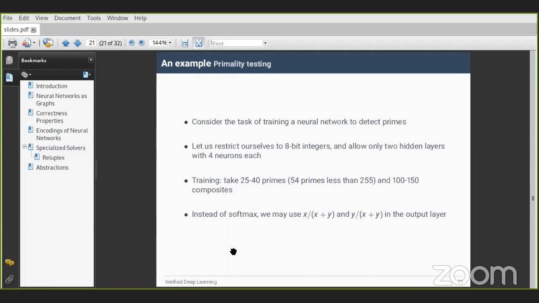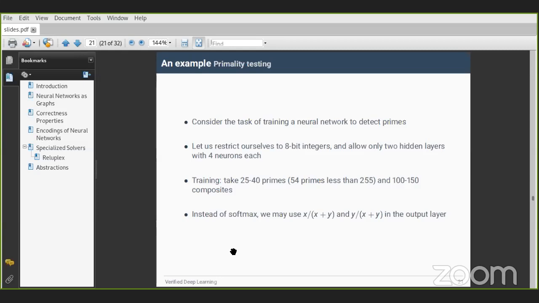One of the examples that at this stage we thought it would be interesting to present and discuss is this. Suppose you want to train a neural network to detect primes. Of course, primality testing is a difficult exercise, and perhaps neural networks are not the most suitable way of doing that.